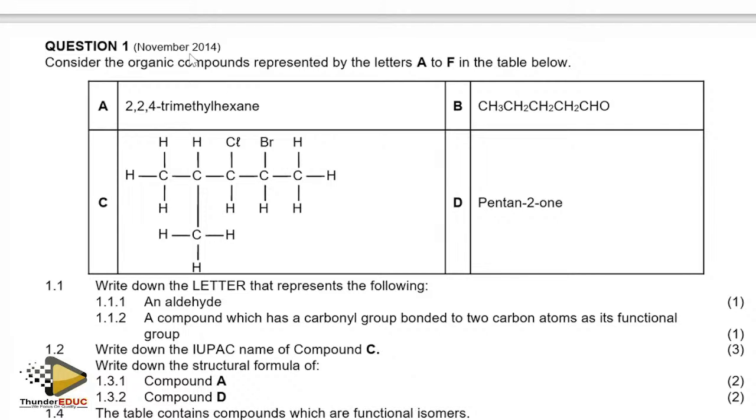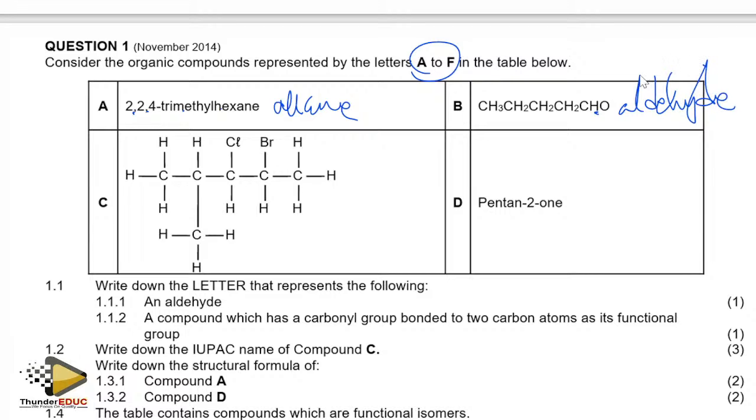I'm saying consider the organic compounds represented by A to F in the table below. Write down before you start doing anything. First, identify which functional group or which homologous series each is. So this one is an alkane, and then this one, because of this, is an aldehyde.